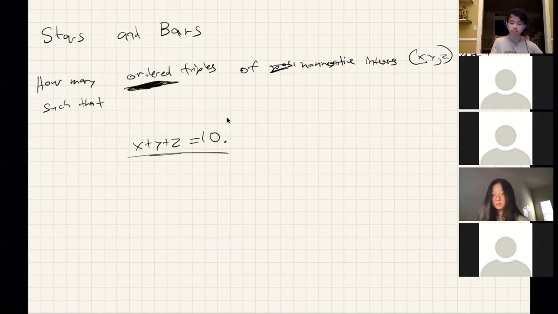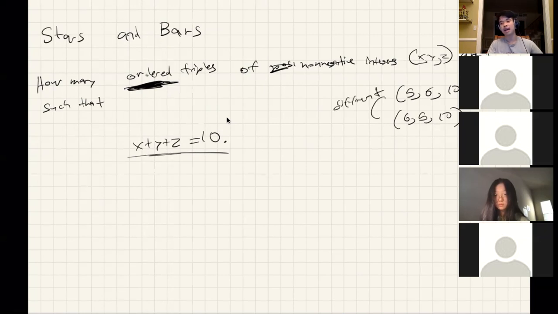there's order. So the triple 5, 6, 10 is not counted the same as 6, 5, 10. It's counted differently, so these are different. And you might ask why can't we just divide by 6 to get the number of unordered triples?